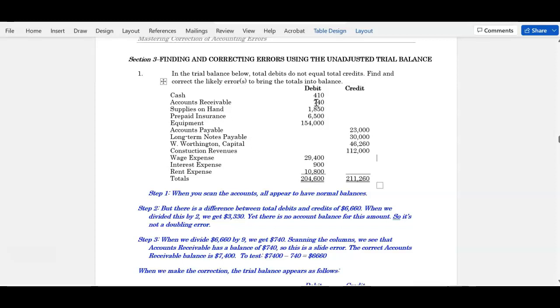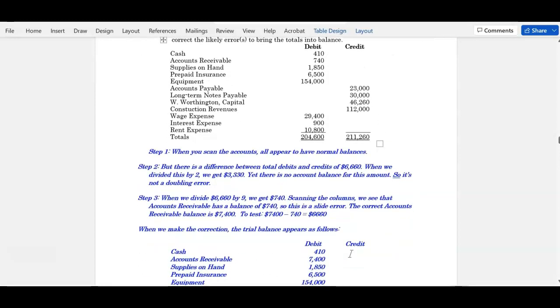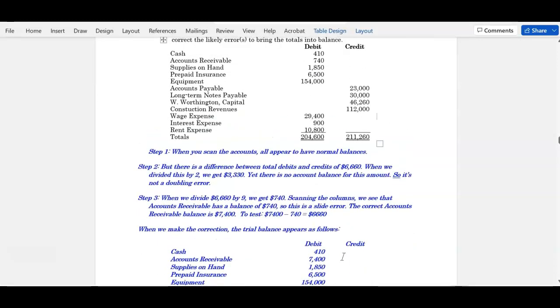That means instead of 7400, the decimal came to the left, and now we have 740. Okay. Any question on step 3?